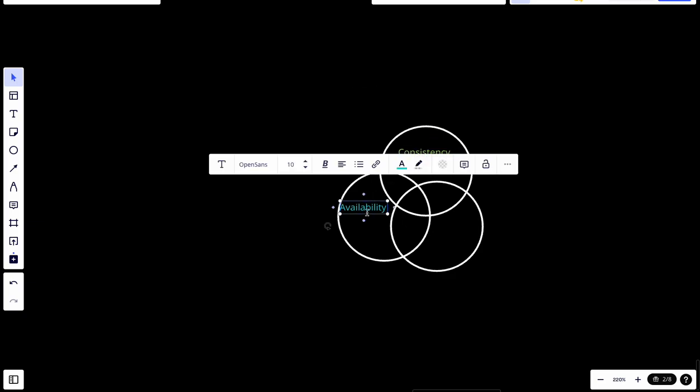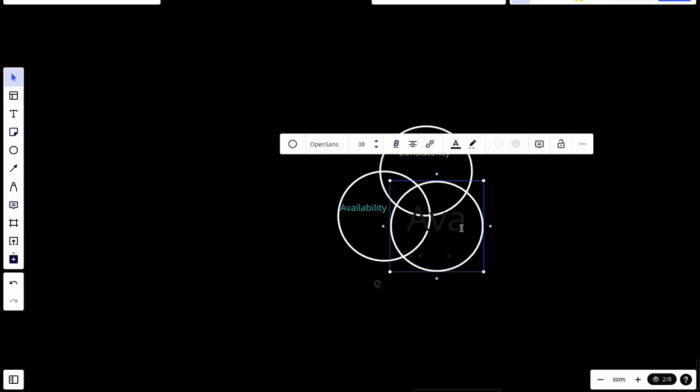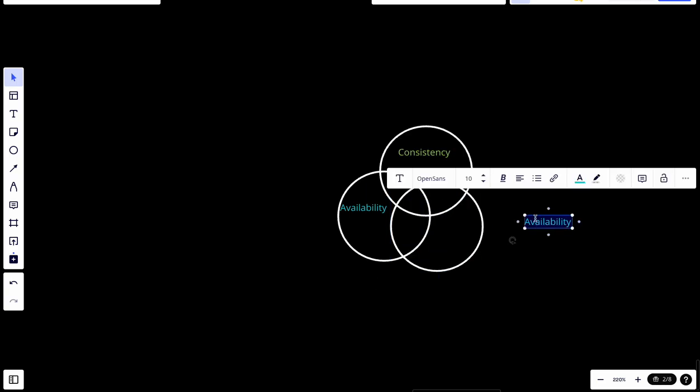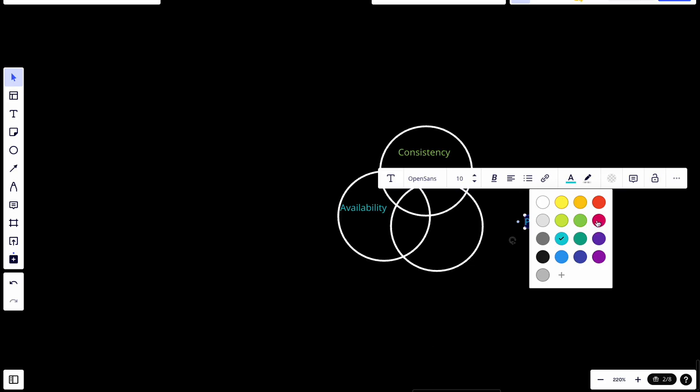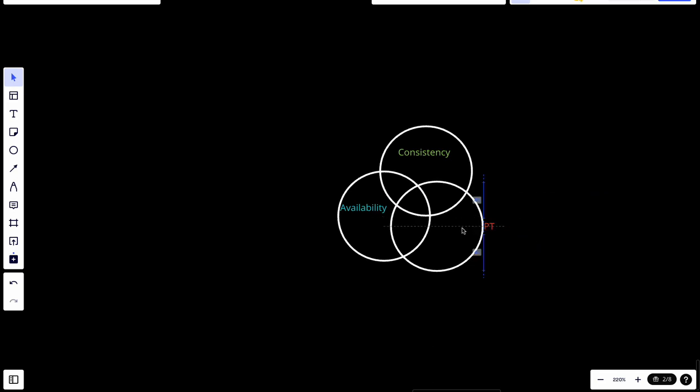And then we have the partition tolerance. Let's just make it PT. I'm not focusing at all. Partition tolerance. Okay. Let's give it the red one.